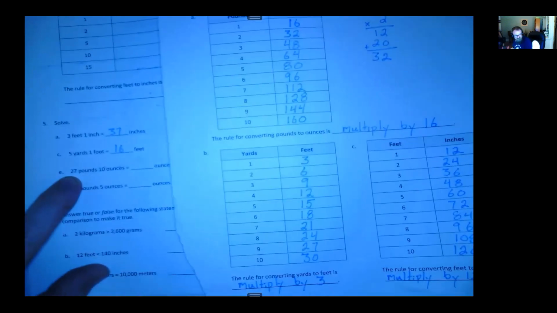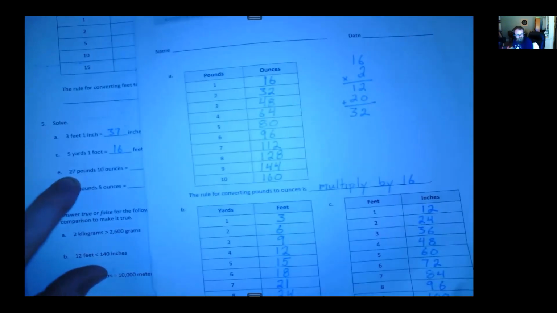27 pounds, 10 ounces. How many ounces in 27 pounds? Well, if there's 16 ounces in a pound, then to find how many ounces are in 27 pounds, we can do 27 times 16. Or we can also look and see, we can do 10 pounds plus 10 pounds plus 7 pounds on our chart.